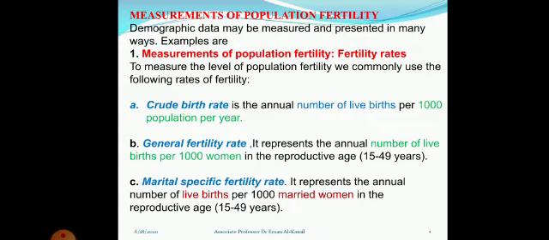This is very specific, when we confine the fertility only to married women. Also the numerator is the number of live births, while the denominator is the number of married women in the reproductive age group between 15 up to 49 years, multiplied by 1,000.